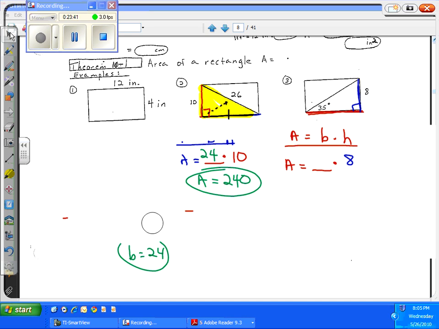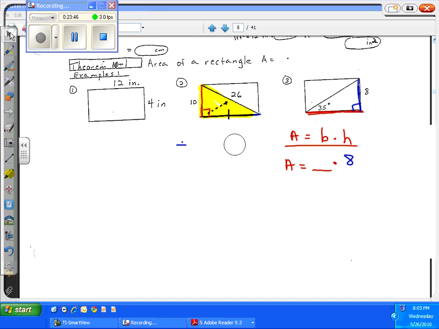We only know one side this time, so we cannot use the Pythagorean theorem. The angle given is not a 30-60-90 or 45-45-90, so we can't use the special triangle rules. So we have to use a trigonometric ratio in that little right triangle on the bottom half.